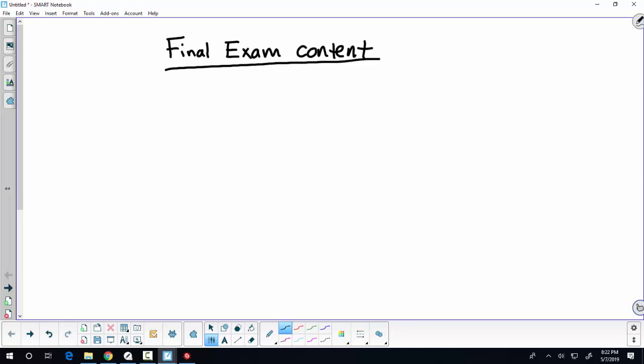Don't forget your note card. Everything but chapter 12, no worked examples. Is it front and back or just front? Yeah, front and back, 3 inch by 5 inch.